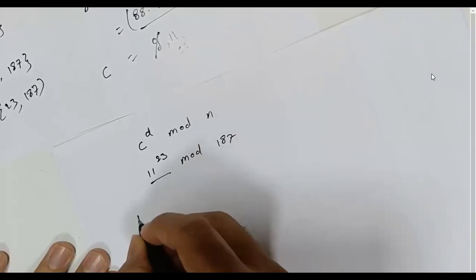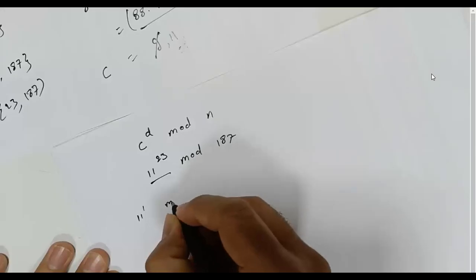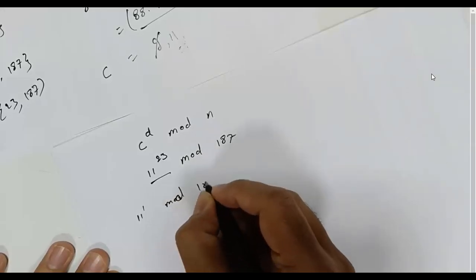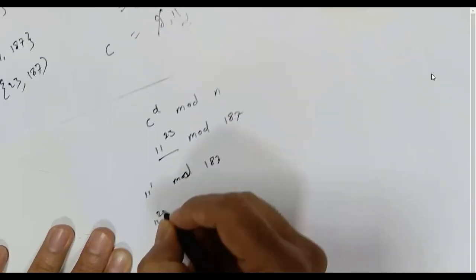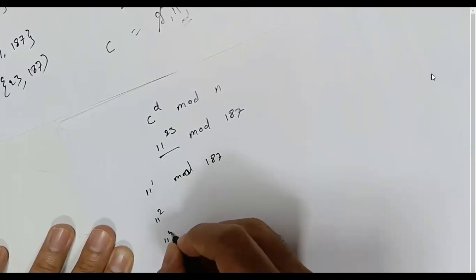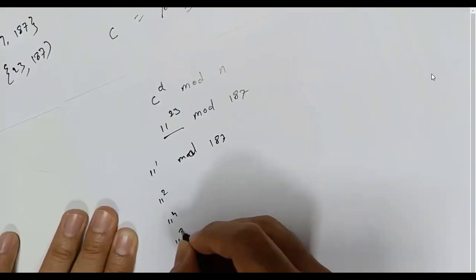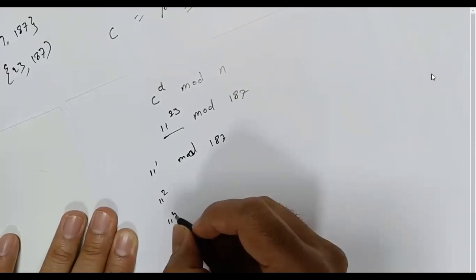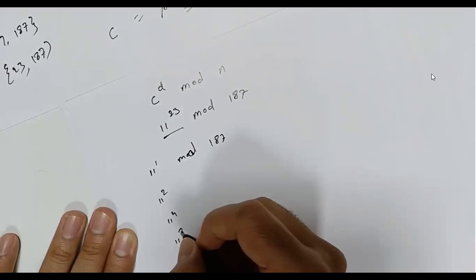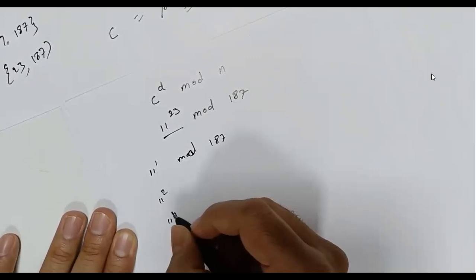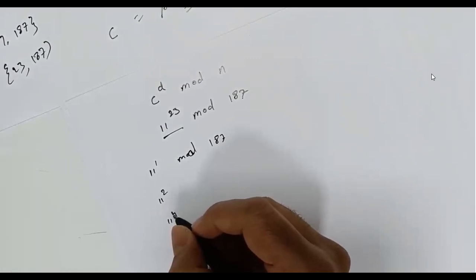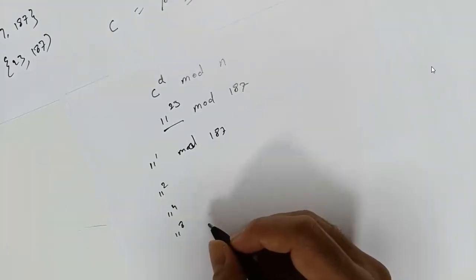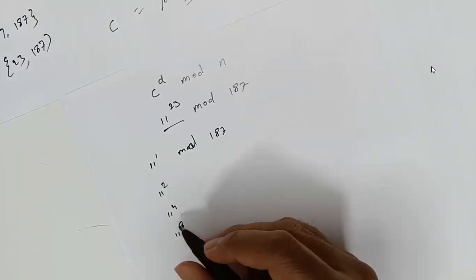So either you can do 11 raised to 1 mod 187, 11 raised to 2, 11 raised to 4, 11 raised to 8, plus 4, 2, 12, 16, 16, 4. Yeah.